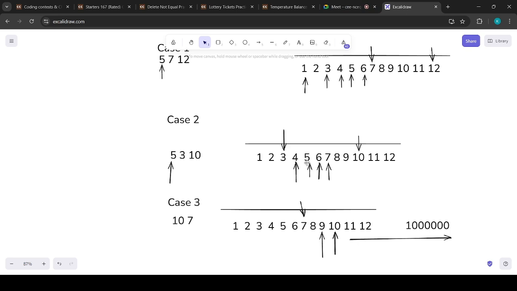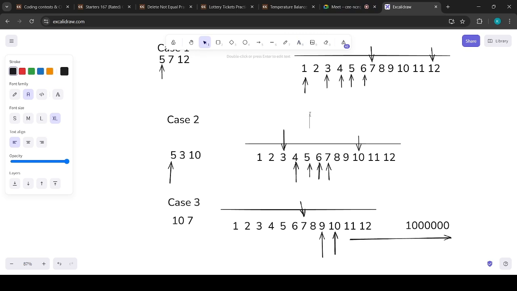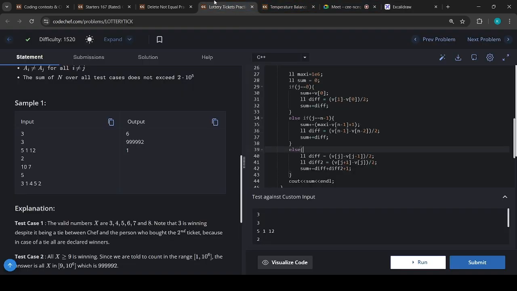So I can say that I am minusing the previous number, which is 5 minus 3, and dividing it by 2, and also I am minusing that number from the next number, and dividing this range by 2 and adding it to my answer.